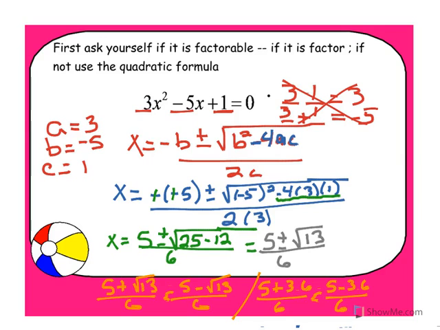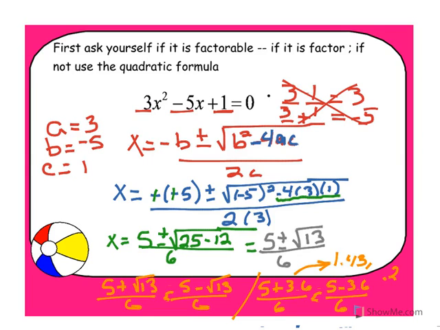So if we were to do that in our calculator, 5 plus 3.6, that gives us our 8.6, and then divide that by 6, we will get an answer of 1.43. So our answers would be 1.43. That's this one when I simplify. Now if I look at 5 minus 3.6, that's 1.4. Divide that by 6, and we will get 0.23.